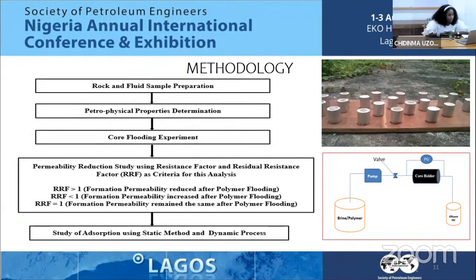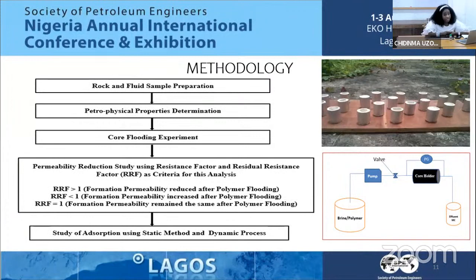Now, in doing that, the rock and fluid samples were prepared, the petrophysical properties were also determined, and a core flooding experiment was carried out. The resistance factor and residual resistance factor were used as criteria to determine the percentage permeability reduction.